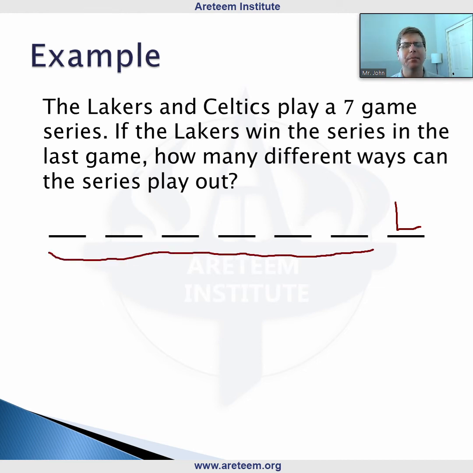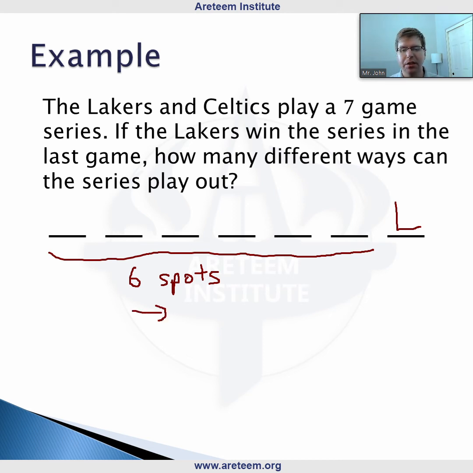But let's think about these 6 remaining games in that case. So there are 6 spots in total, right? And what has to happen for those 6 spots? Well, the Lakers have to win 3 of those games, because remember, it's a 7-game series. They have to win 3 in total, right?